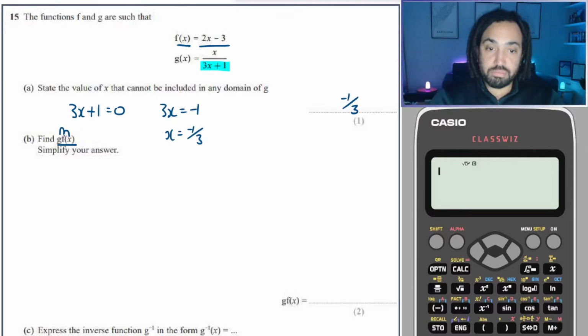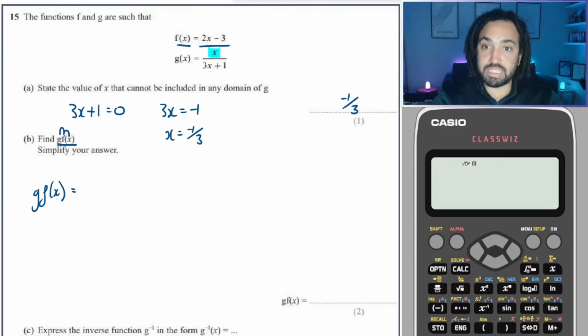So I write, rather than having x on the top, I'm now inputting f of x into g. So I'm replacing that x with an f of x, which is 2x minus 3. And on the bottom, I've got 3 lots of x, which is now f of x.